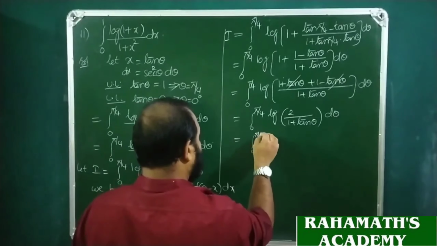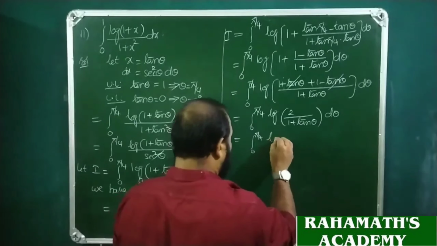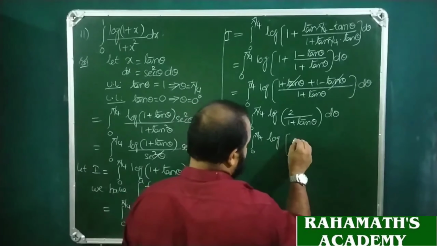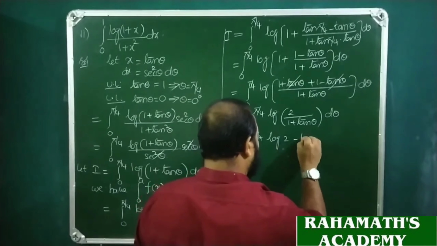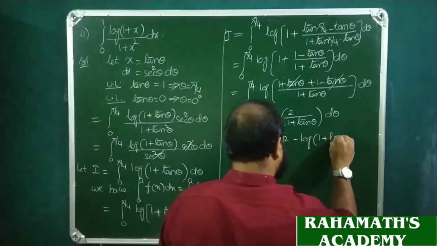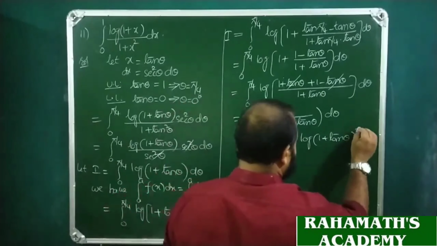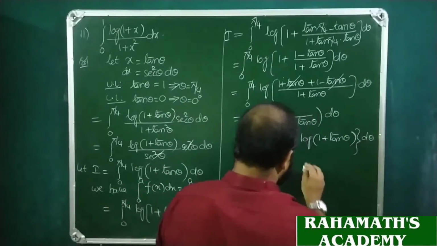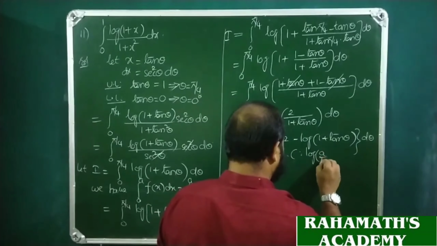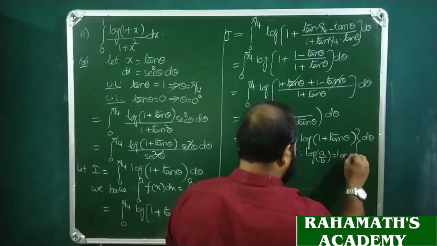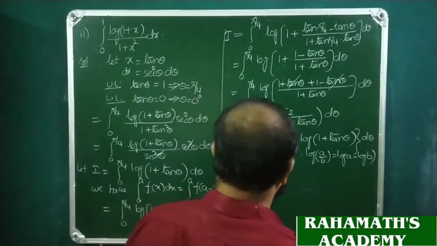What is log a by b? Log a minus log b. So this equals integral 0 to pi by 4 of [log 2 minus log(1 plus tan theta)] d theta.